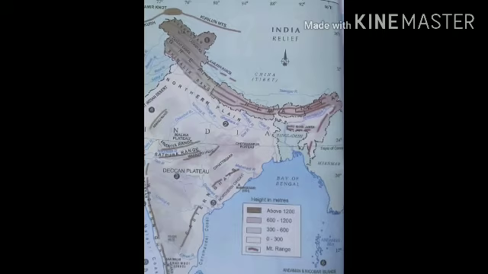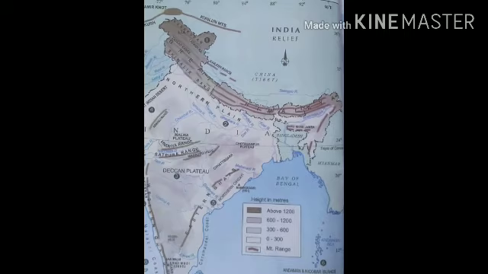Actually, the western part of Himalaya starts from Hindu Kush area, which lies in Afghanistan. And as we are studying Indian physical features, in India, Himalaya starts from Indus river in Jammu and Kashmir to Brahmaputra.